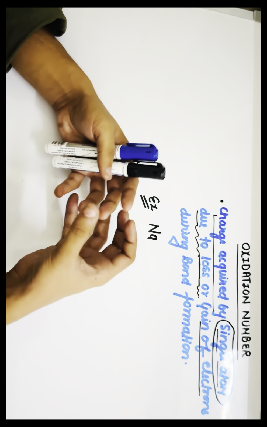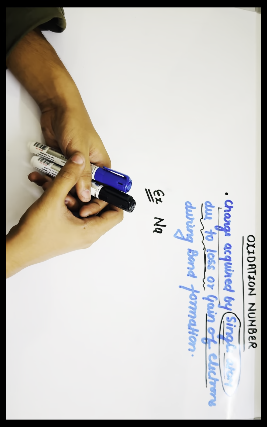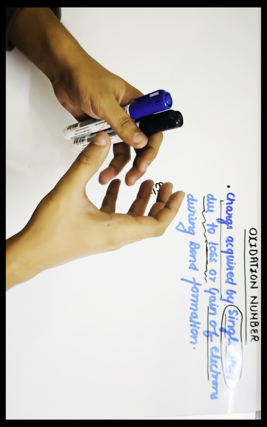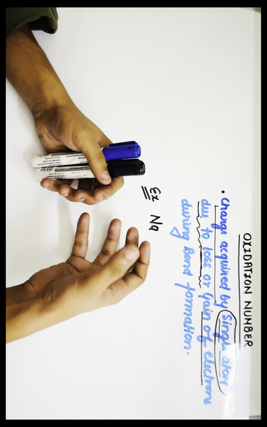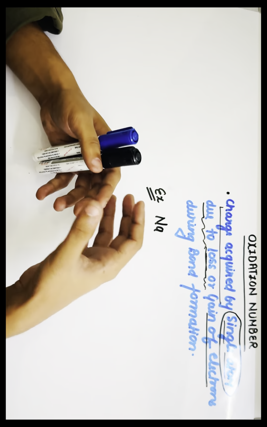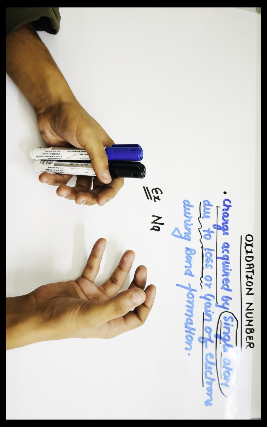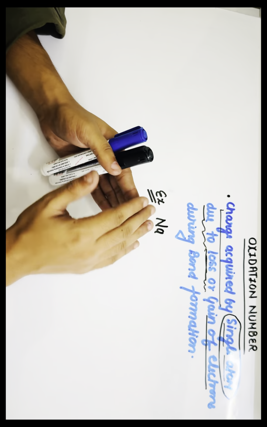To become stable, elements make bonds with each other or with different elements. When they make bonds, they complete their 8 electrons, or octet, in the outermost shell, and then they can become stable. Without completing the 8 electrons in the outermost shell, they cannot become stable.